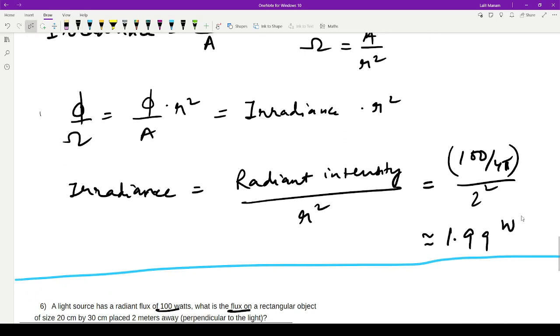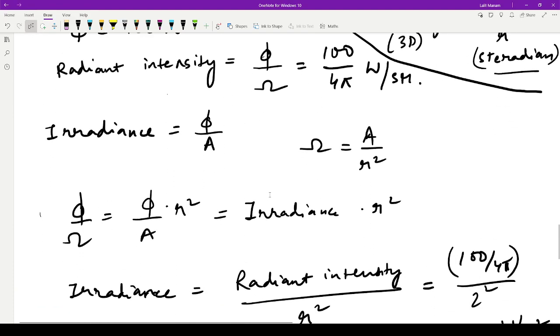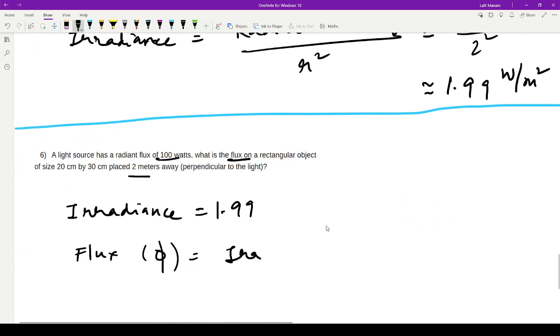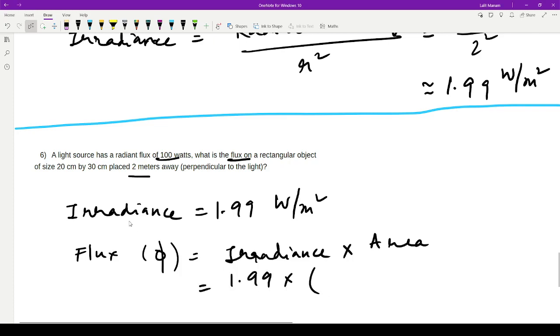Watt per meter square, we discussed it just a few minutes back. So we have watt per meter square, and then irradiance into the area of a rectangle. We just have to multiply the area. But we are given in terms of centimeters, so we'll convert it into meters. Area of a rectangle is width into height, right?